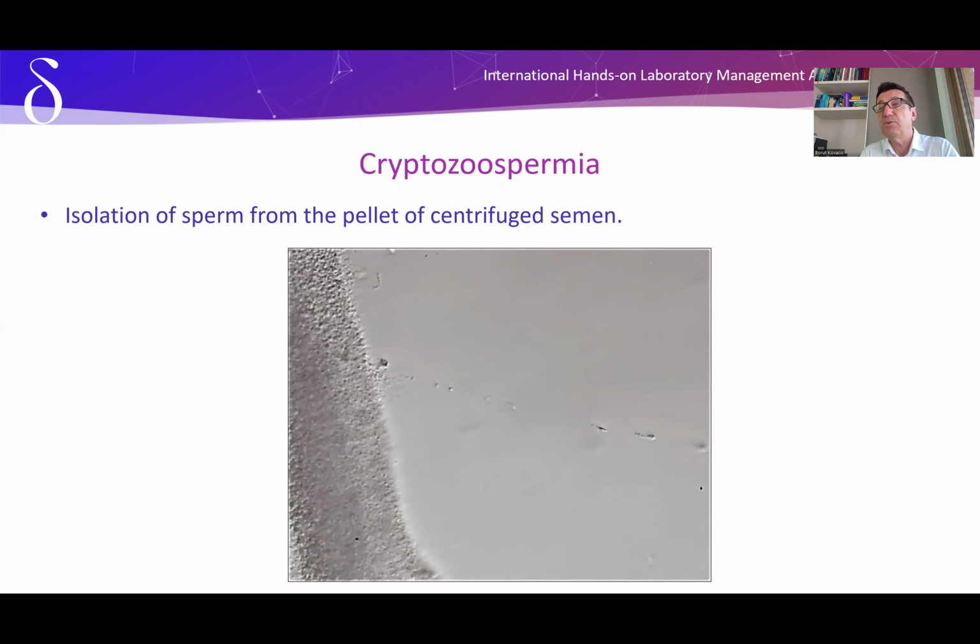When we have cryptozoospermia with just a few spermatozoa in the whole ejaculate, usually we centrifuge the whole sperm sample, and then in a micro droplet we look for sperm that are able to swim out of a very contaminated droplet with debris and other cells. So in fact, this is spontaneous selection of sperm that are able to swim out to the PVP.